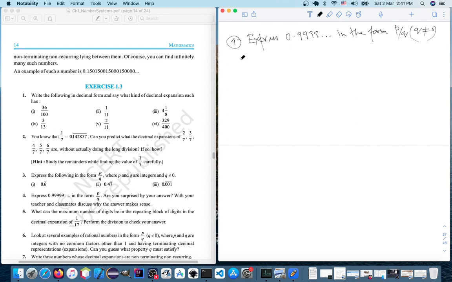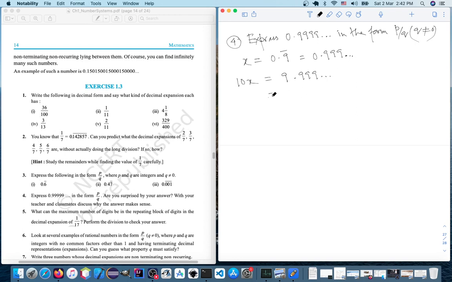So we are given x equals 0 point, basically 9 bar. The digit 9 is repeating, so the repeating block of digits is 9 and we have a single digit. This is 0.999 and so on. So we multiply with 10 and we get 10x equals 9.999 and so on.